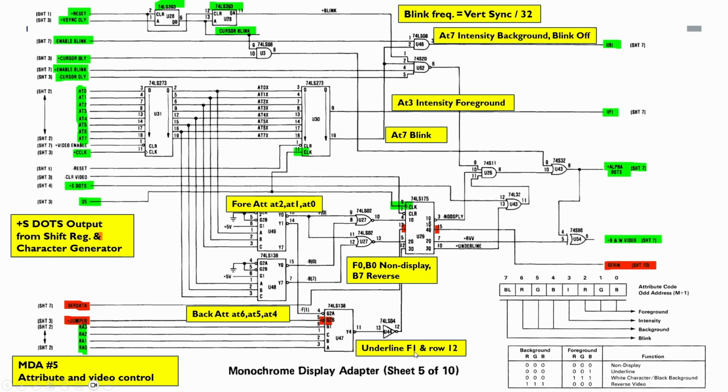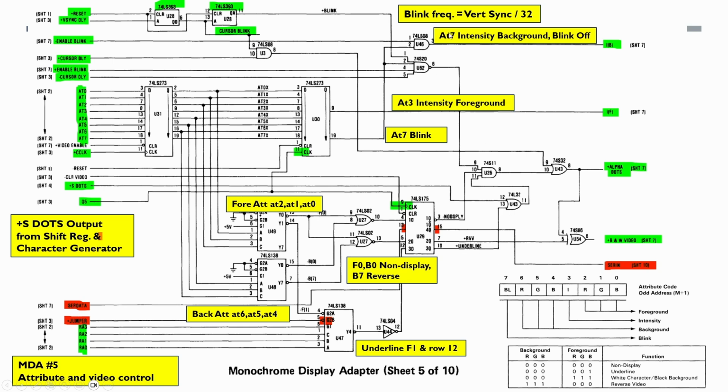The underline also has a look at the raster addresses, so it only outputs on the raster address, I think this is for row 12. This decodes which of the lines we're currently on of the character image, and it only outputs underline on a given row. So you can see there's an output there for underline.